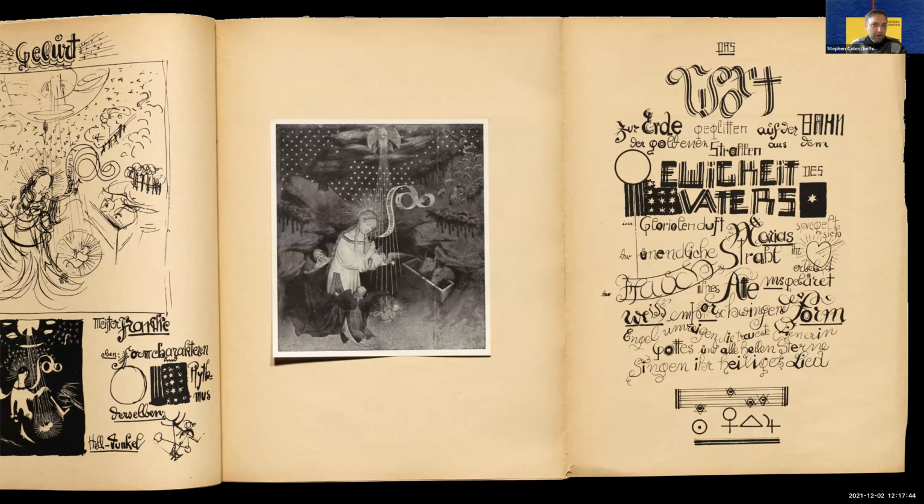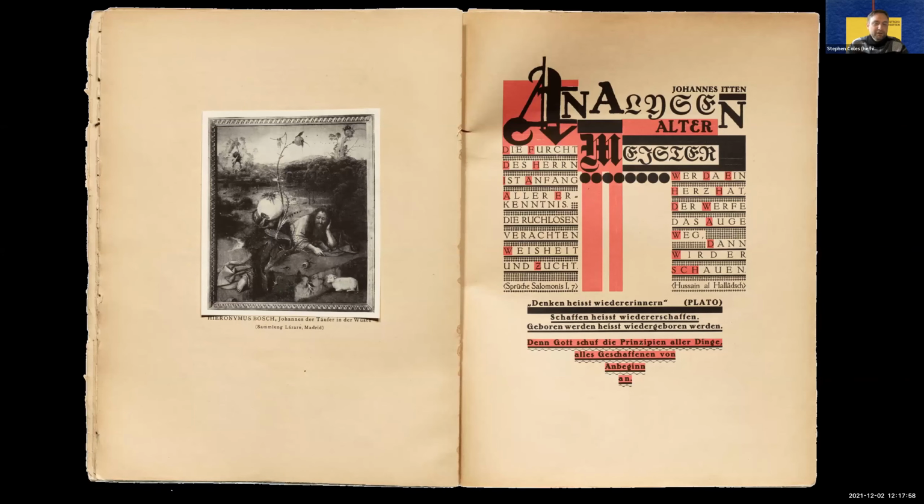It's wild, it's chaotic, and it's the kind of stuff that you probably wouldn't see much of until the punk and grunge movements that would happen much later in the 20th century. But it's not just Itten's piece. This is a collaborative work. So you have Téry-Adler, who was the wife of the book's publisher, who did the cover.